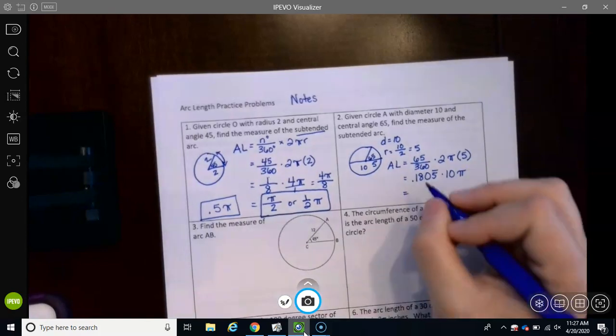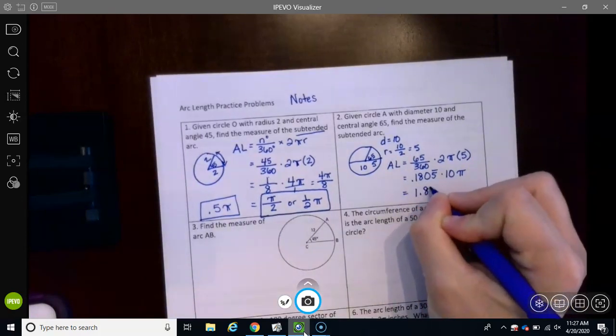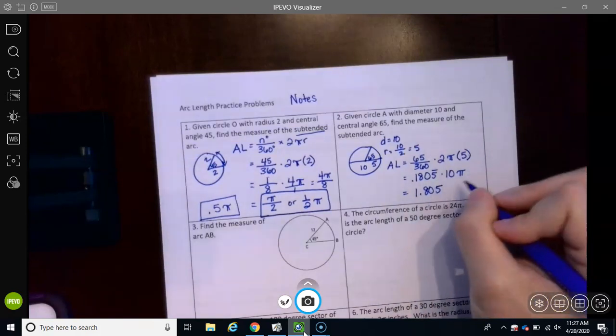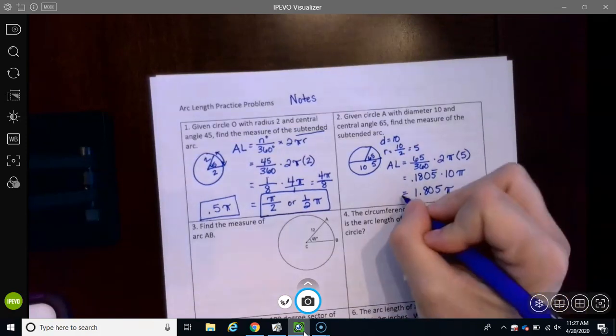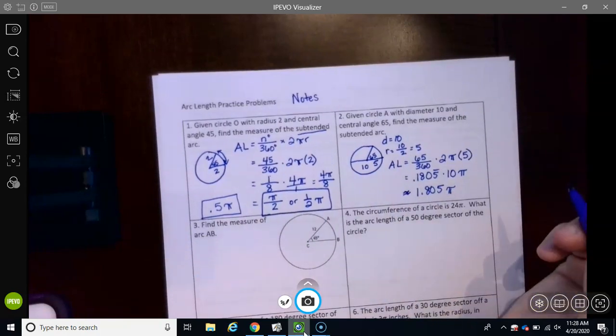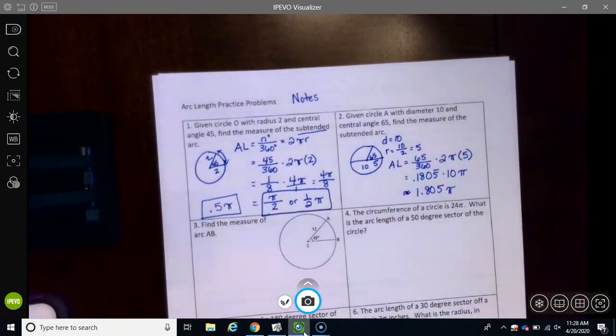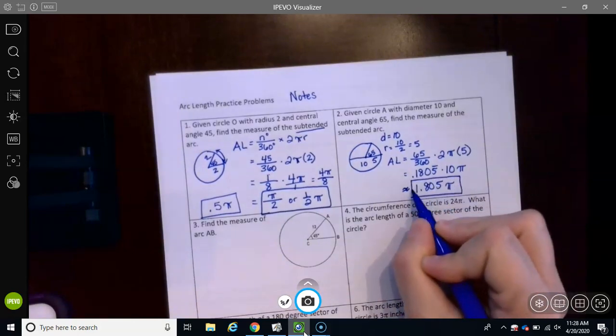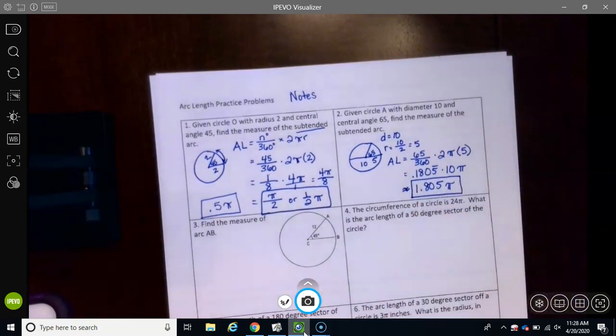And we get 1.805 repeating, but I'll just leave it as that pi. So this is approximately an answer because we had to round that decimal. But just to make it easier on us at home, since we don't have those calculators, we just have our phone calculators, that's what we'll do.